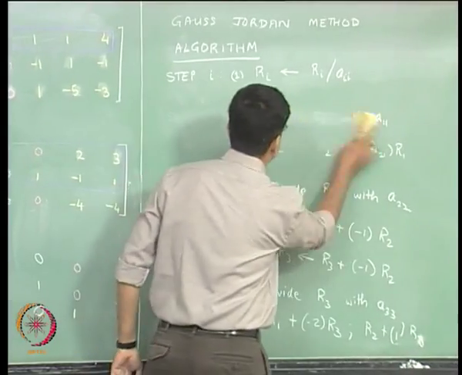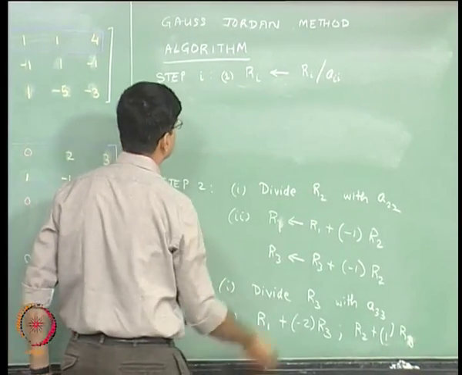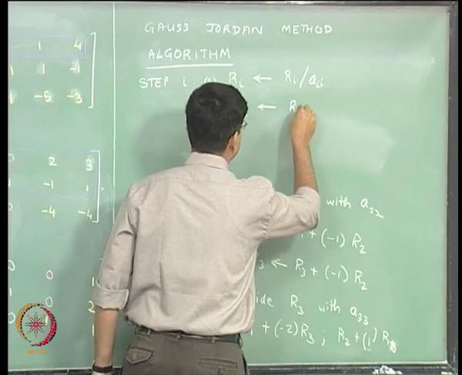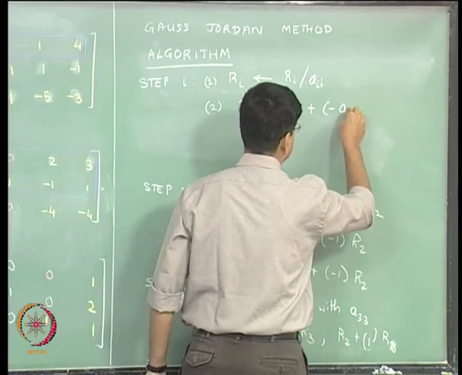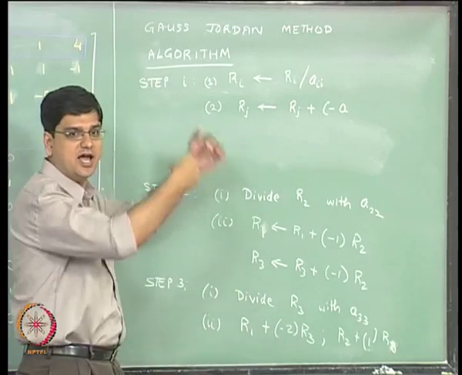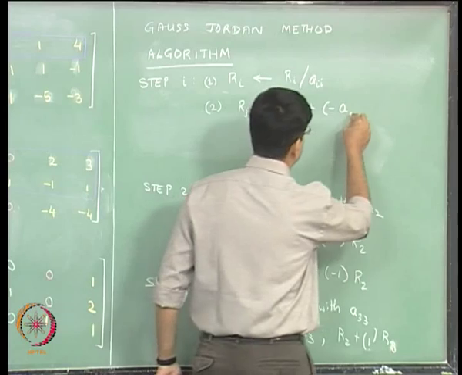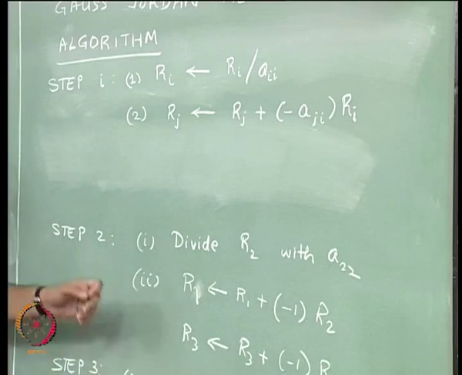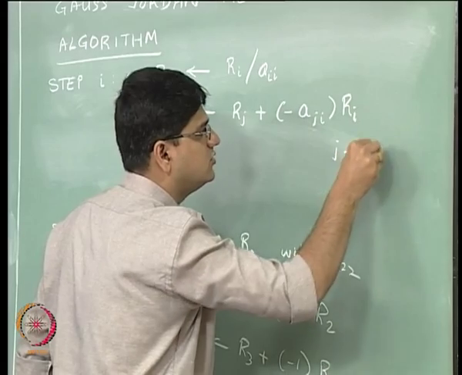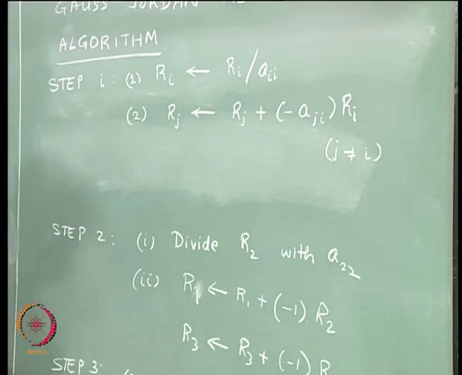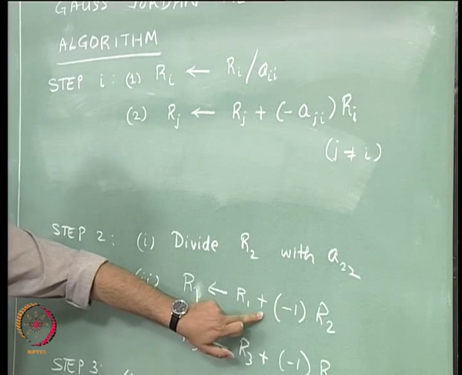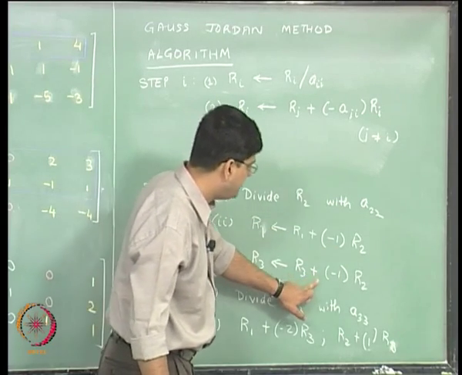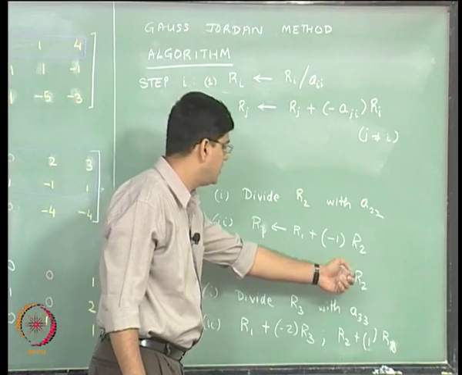Okay. So, the second part is going to be Rj is Rj plus negative a j I, because it is the ith column and the jth row, multiplied by R I, where j is not equal to I. So, R1 is R1 plus negative of A12 multiplied by R2, R3 is R3 plus negative of A32 multiplied by R2.